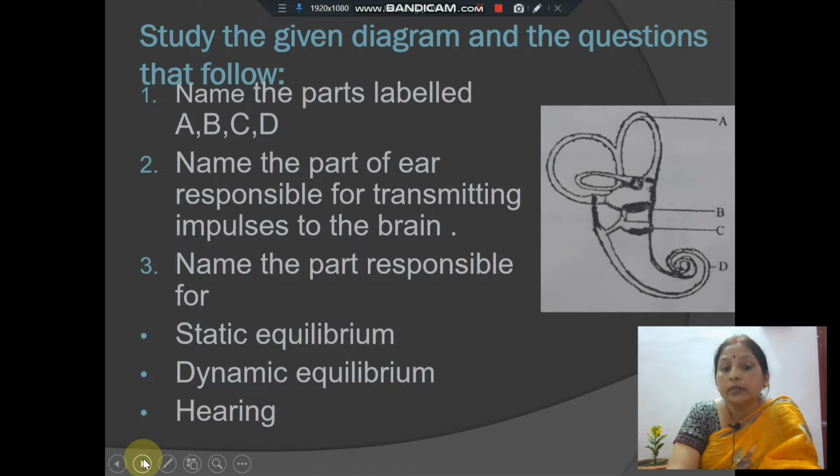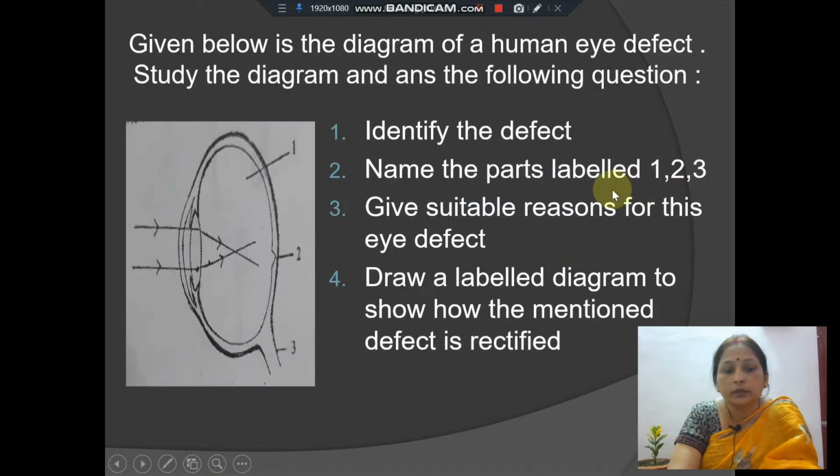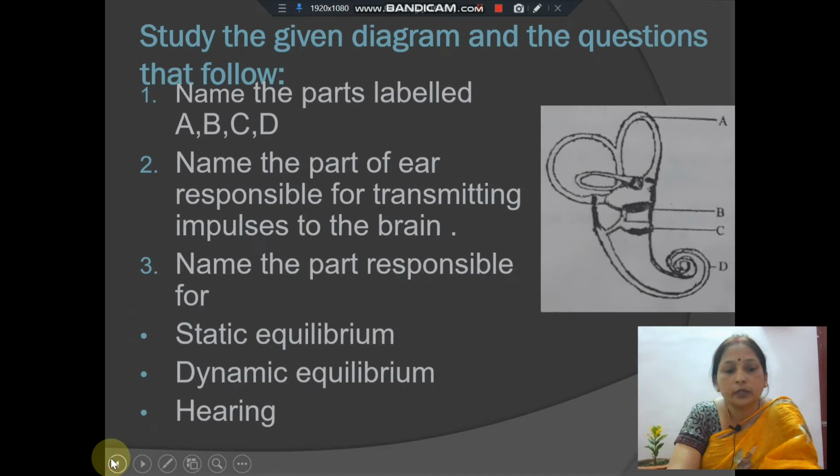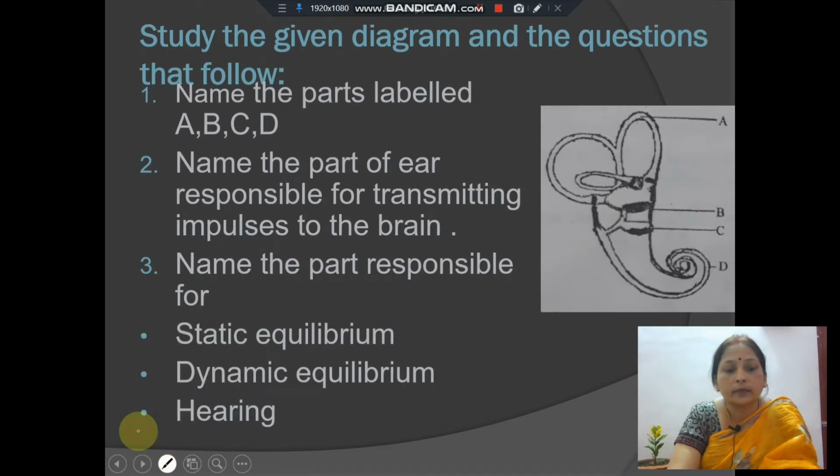Dynamic equilibrium is controlled by the ampulla, which is the swollen part. Let me tell you this portion, sorry, let's move to the previous question. Now where is the ampulla?